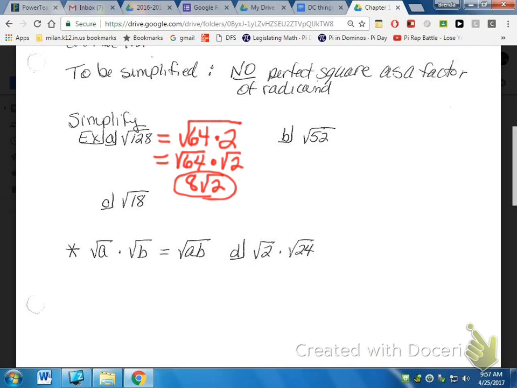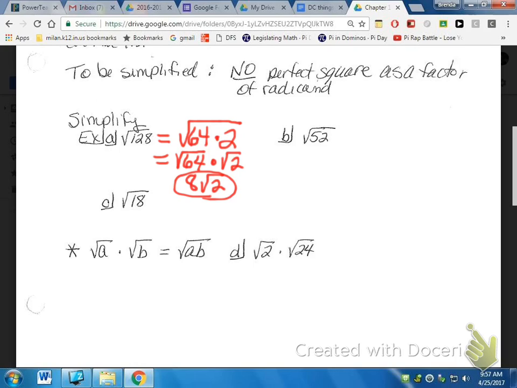You're trying to take out every perfect square that you possibly can take out of there. And in the value of 2, there's no perfect square in it, so there's nothing else to take out. What's left in the radical is going to be numbers that are not perfect squares or have no factors that are perfect squares, and that's called a simplified value.